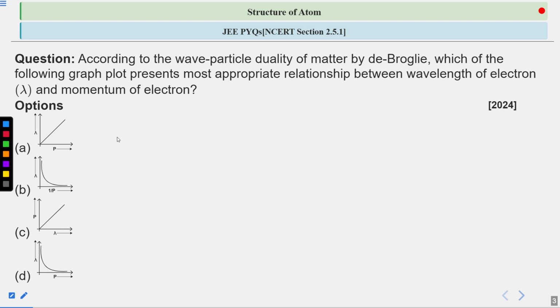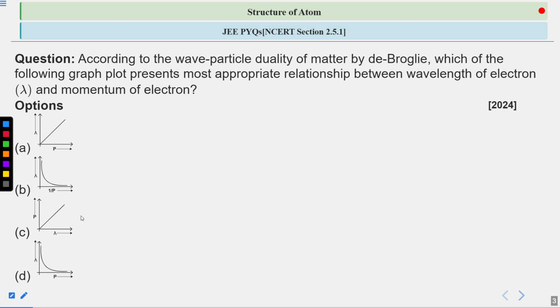The four options provided are: the A graph, between the wavelength of the electron versus the momentum of electron, a straight line starting from zero. In the B graph, we have a curve between the wavelength of electron lambda versus 1 by momentum of electron.